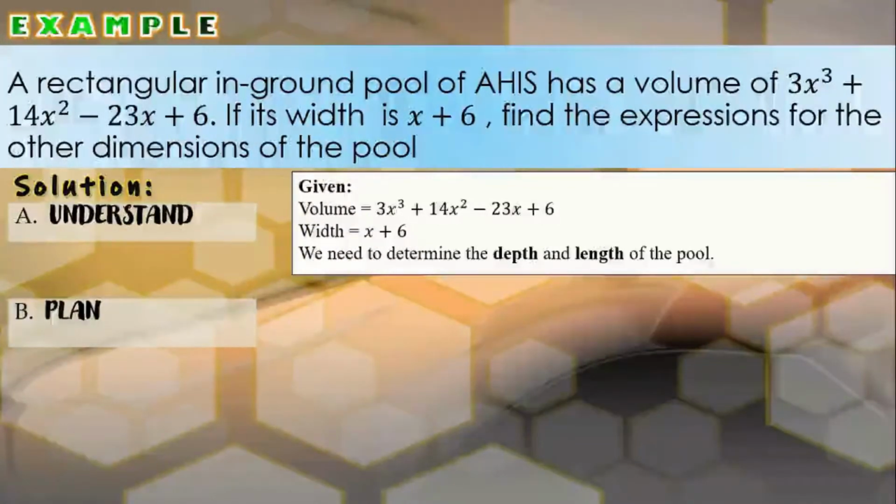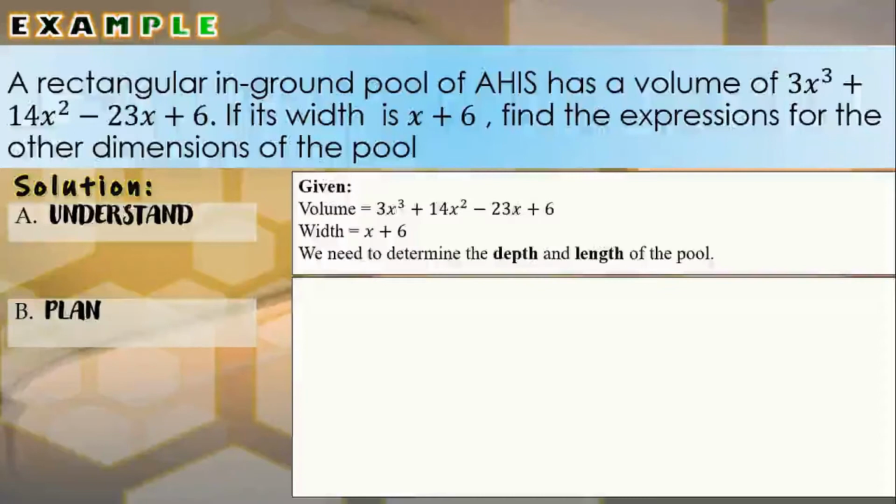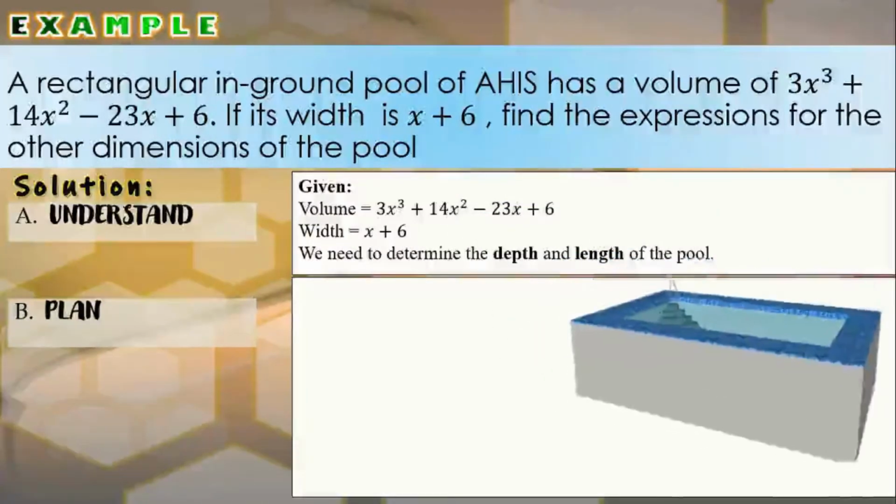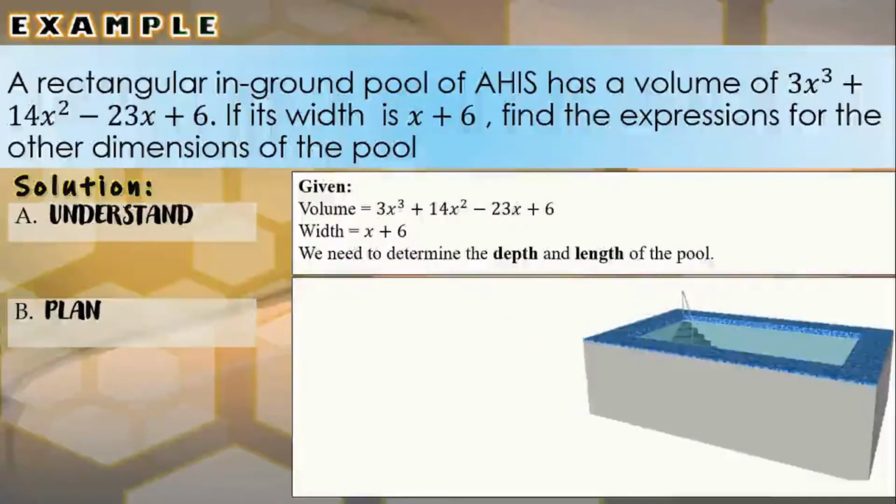Second step is we have to plan. Now, para mas madali sa atin na magplano, kailangan ma-imagine muna natin or ma-figure out natin kung ano yung nasa problem. So, if that is the pool, and then the length is x, or the width is x plus 6.